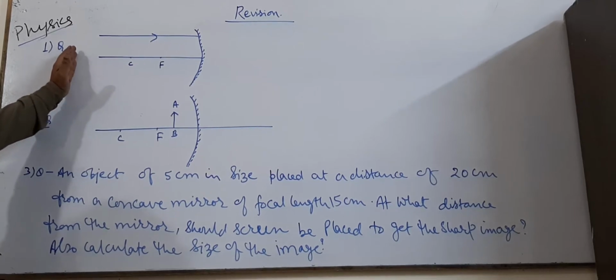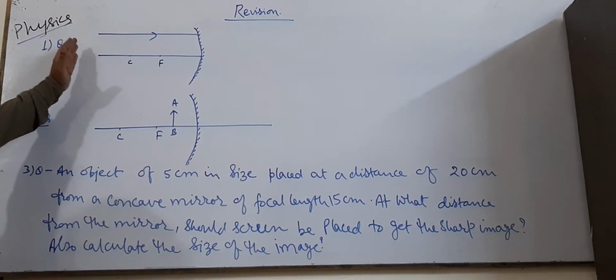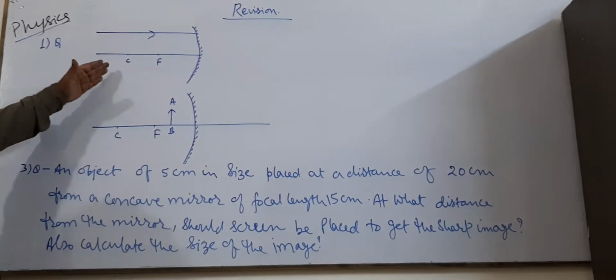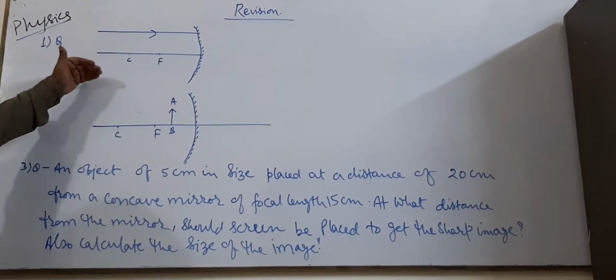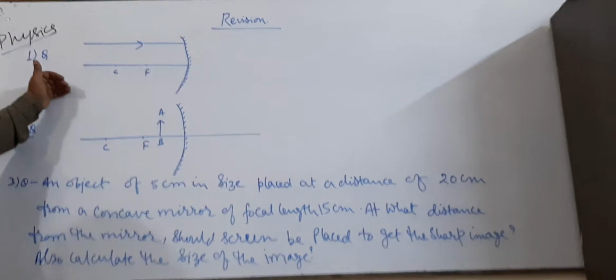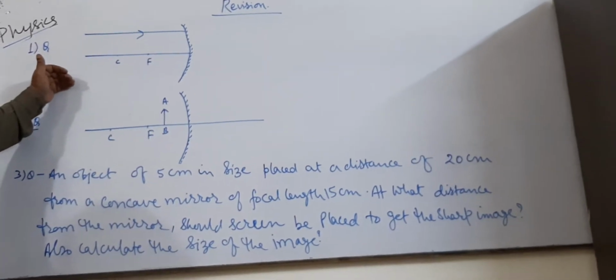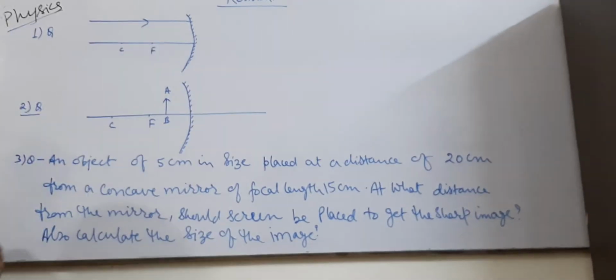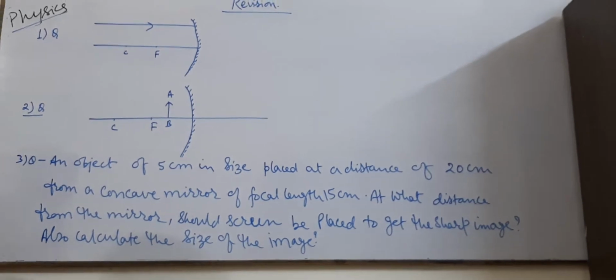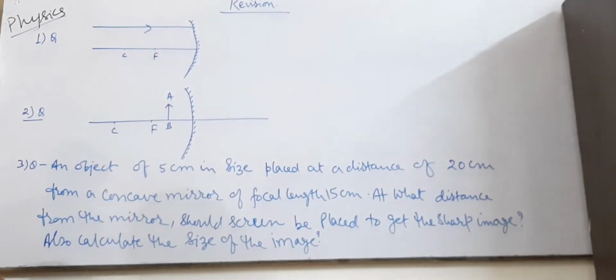In the first question, you have to complete the ray diagram mentioning the angle I, R and normal. So see how to answer this question.